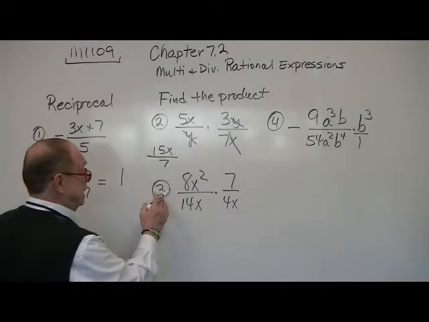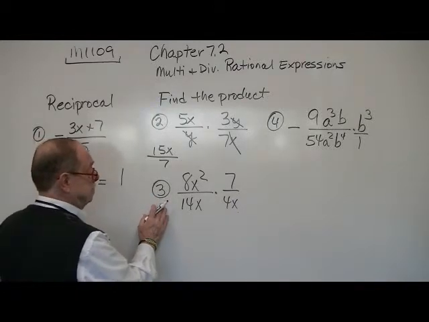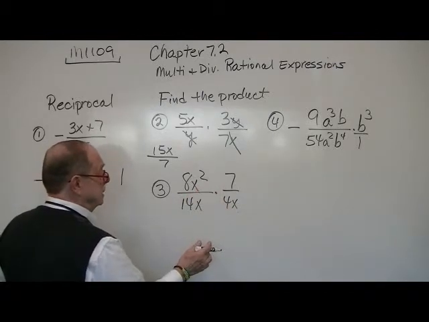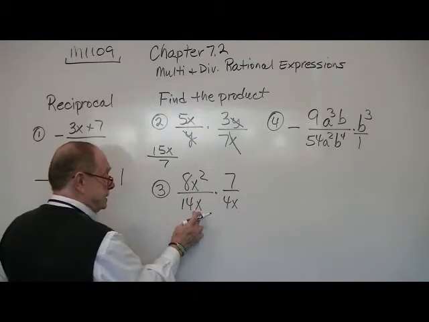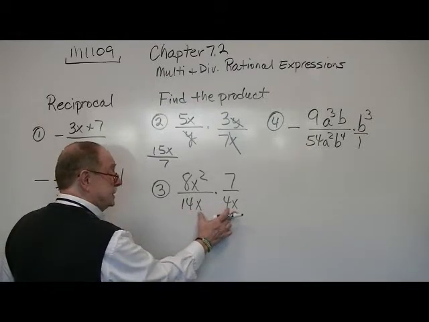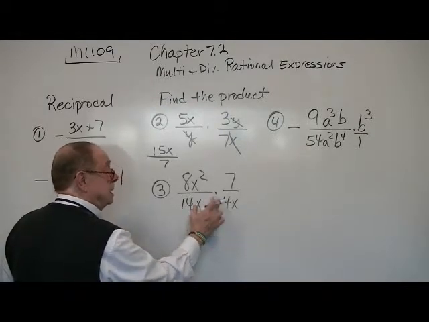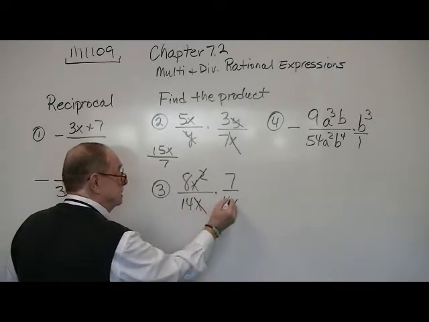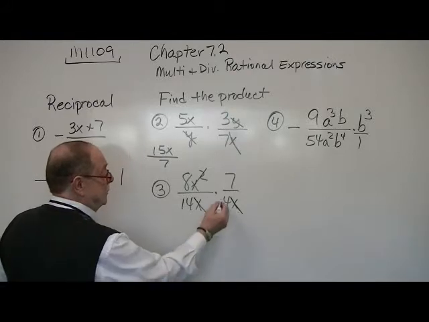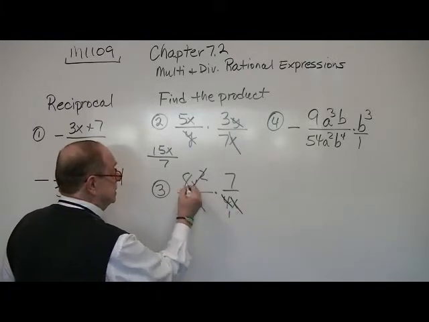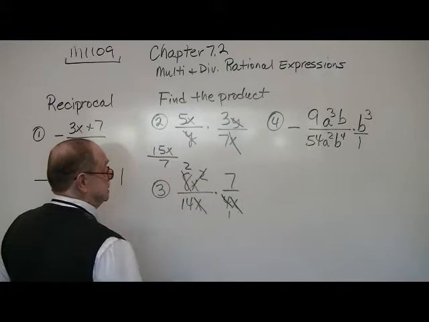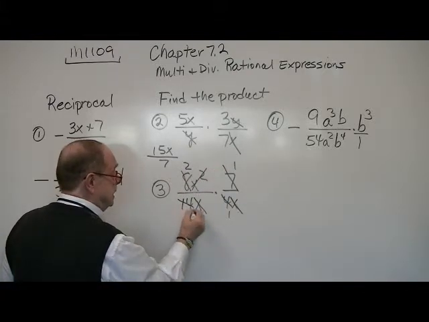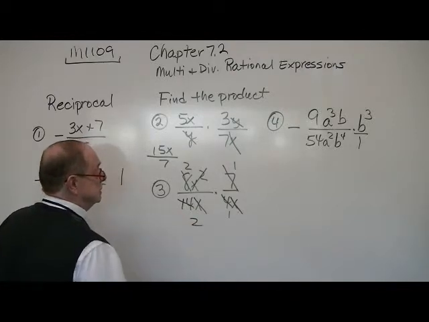All right, looking at number 3. Again, you want to cancel wherever you can. Now notice there's an x there and an x there. So this is x to the second. That would cancel with this one. So these cancel out. 4 goes into there once. 4 goes into there twice. 7 goes into there once. 7 goes into there twice.